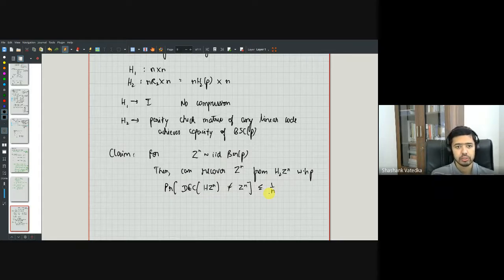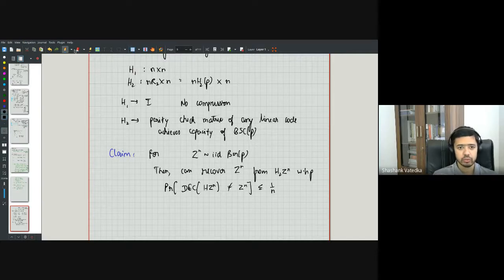All right, so this is the property that we'll use, and in fact it's possible to construct such matrices H such that you can recover Zn from H times Zn. It turns out that this corresponds to the parity check matrix of any linear code which achieves the capacity of the BSC.